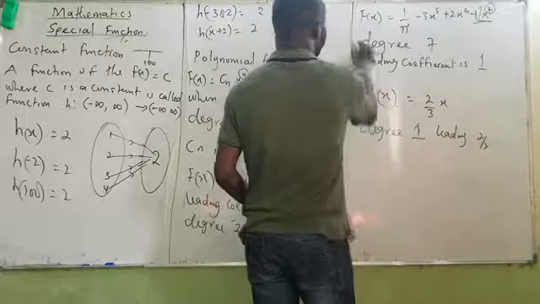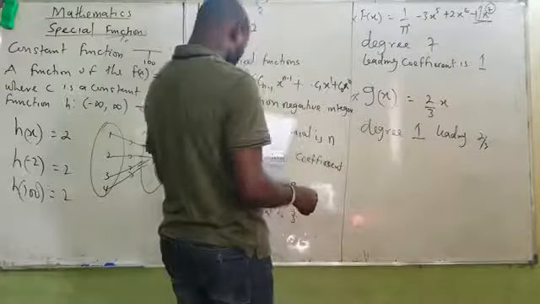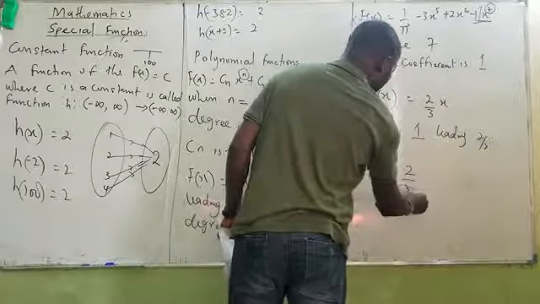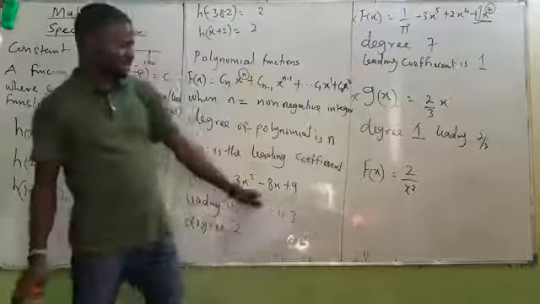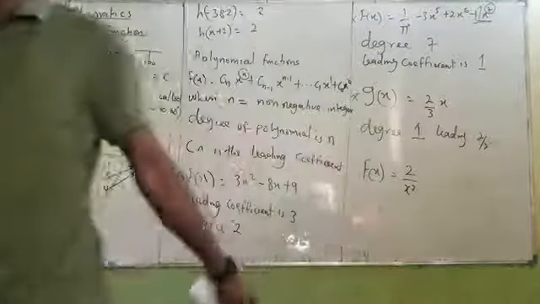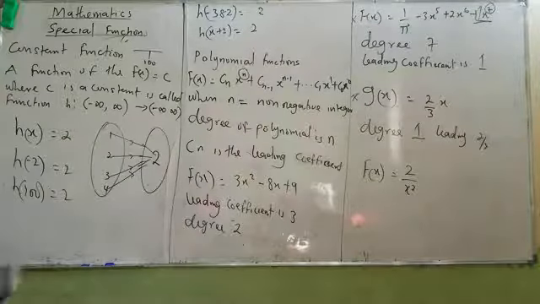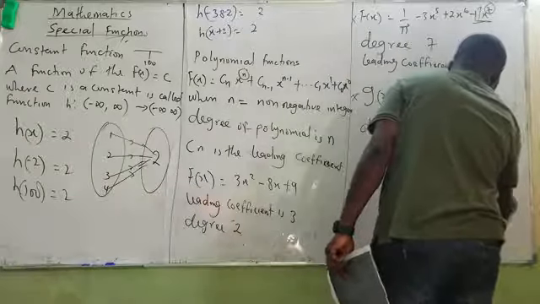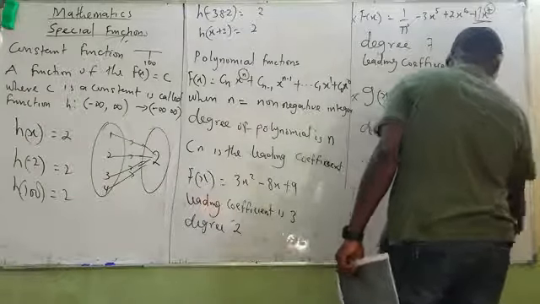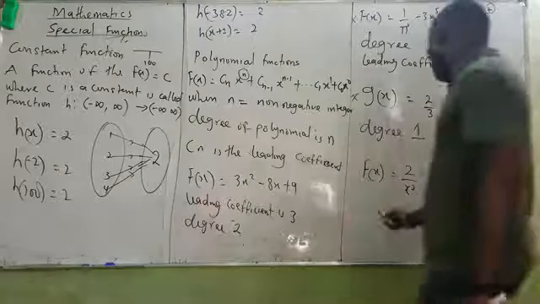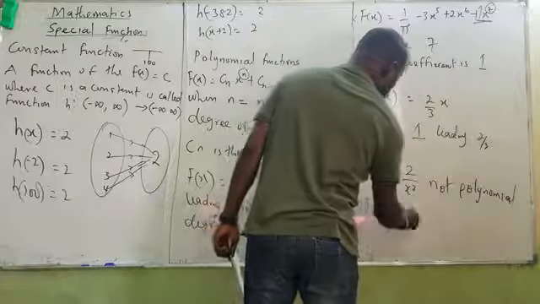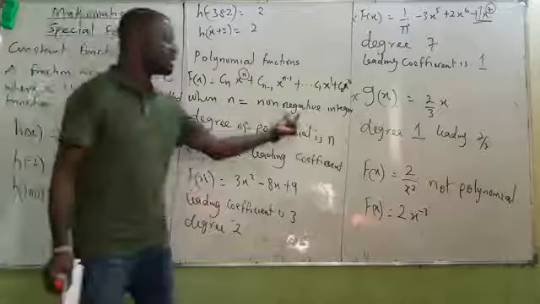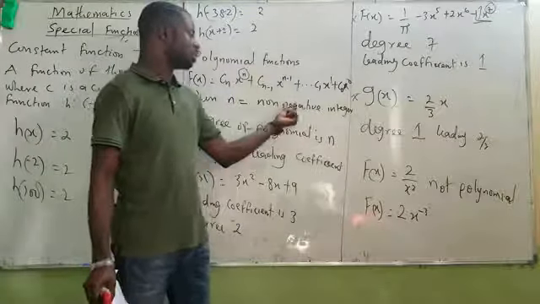I'm just trying to break down our polynomial function, but if the story changed, f of x equals 2 all over x cubed, please take note of this part. When you have something like this, the story has changed. This is not a polynomial, because this particular one will be f of x equals 2 x raised to power minus 3, and I've told you that n must be a non-negative integer.